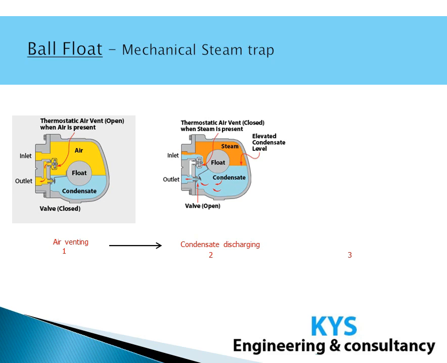Once the condensate level starts falling and the valve is closed and no condensate gets discharged, the upper part is filled with live steam. The remaining condensate forms a water seal in the trap body which prevents the loss of live steam.